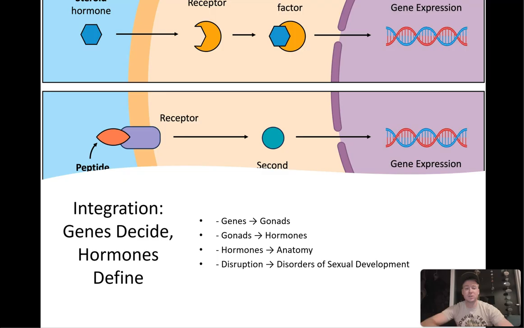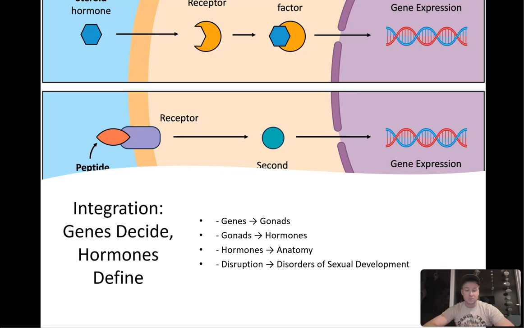So, integration: genes decide, hormones control. When we take a step back, we can summarize this relationship in a simple chain of cause and effect. Genes determine gonads, gonads produce hormones, and hormones shape anatomy. The SRY gene initiates testis formation.